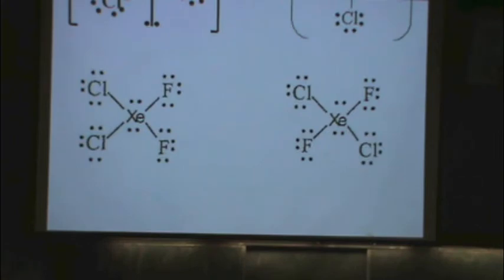The polar one's on the left. You can see it's asymmetric. There's fluorines on one side and chlorines on the other. However, in the case of the one on the right, this would be non-polar because the chlorines are equal and opposite to each other, and the fluorines are equal and opposite or symmetric to each other. So the one on the right is non-polar, the one on the left is polar.